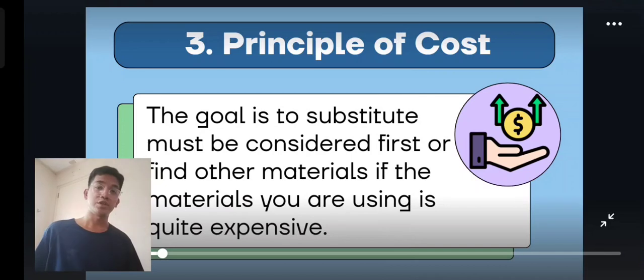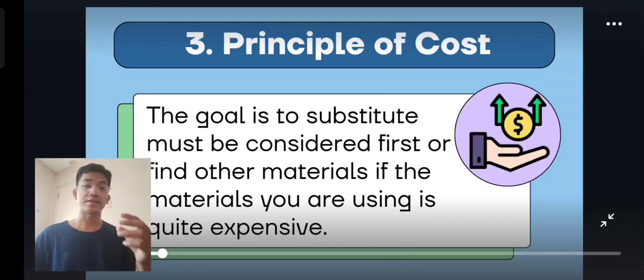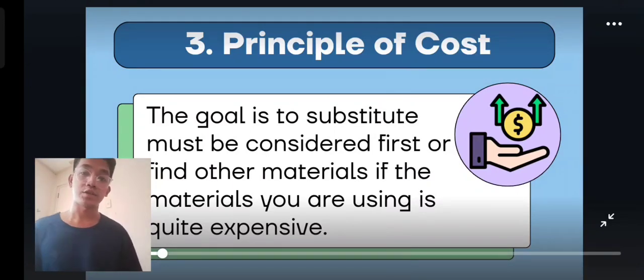She already discussed the first and the second, and now for my part, I'm going to discuss the 3 to 6, the remaining parts of the relevance and appropriateness of using modern technology.